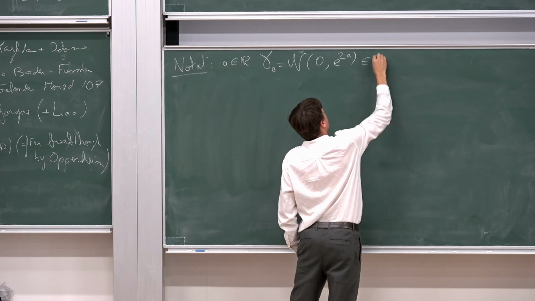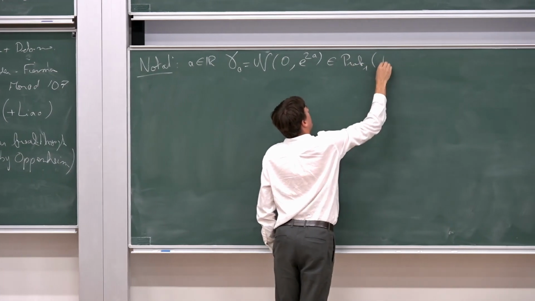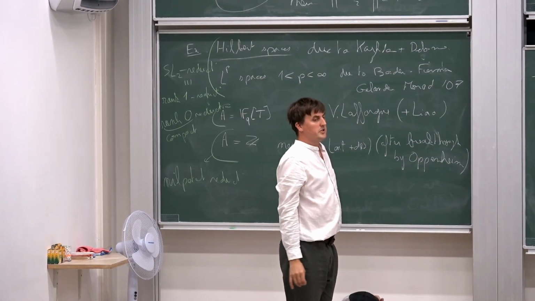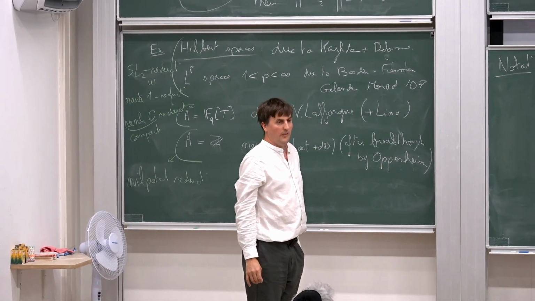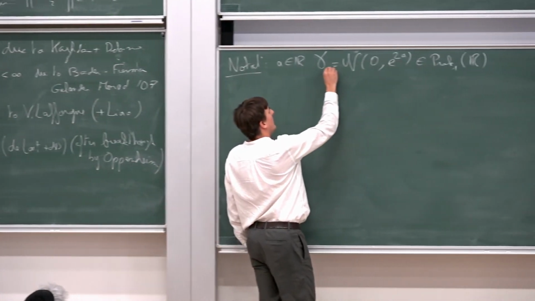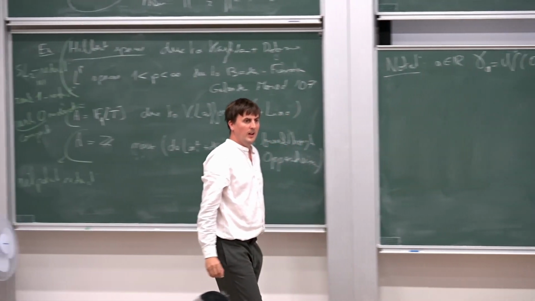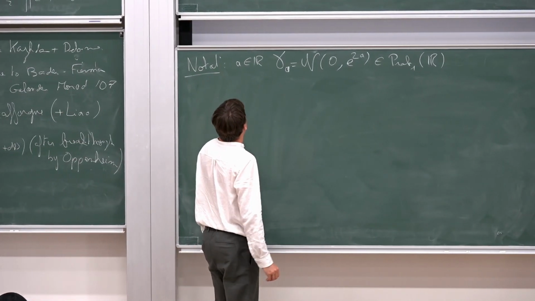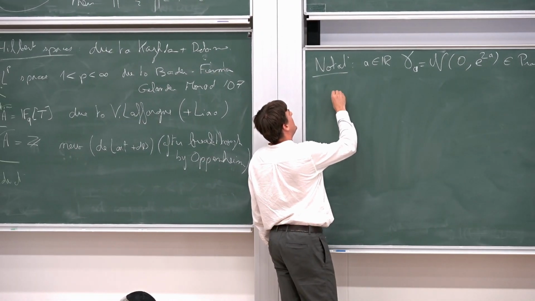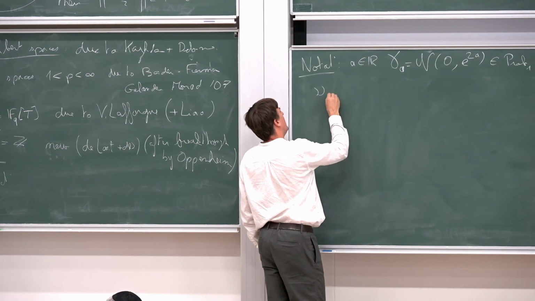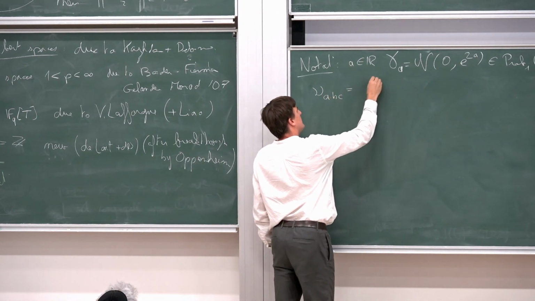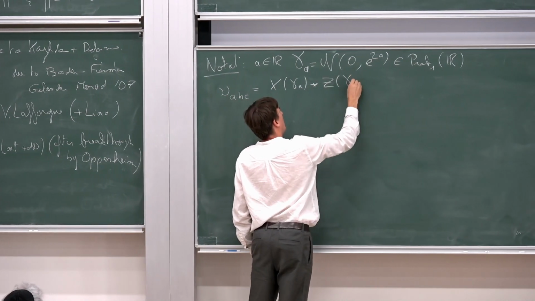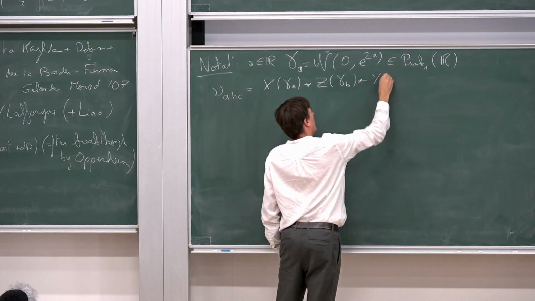This is a probability measure with finite first moment on R. So this is just the usual centered Gaussian probability measure on R that, for some reason, I prefer to parameterize by half of the log of the variance, but that's just a parameterization. Then I will define a new measure, nu a,b,c, to be just x of gamma a convolved with z of gamma b convolved with y of gamma c.